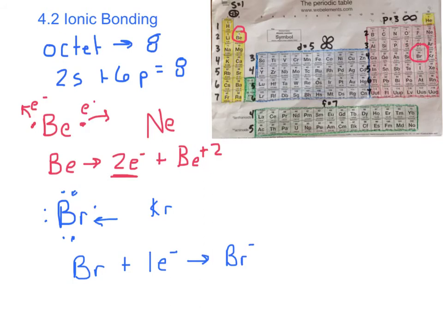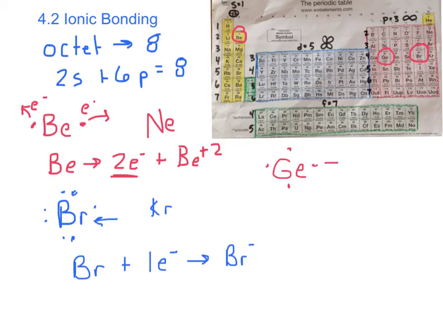Okay, so let's do just one more. Let's do germanium here, Ge. So here's Ge. Ge has 2 in the S and 1 in the P, but it's in carbon's column, which has 4 electrons, and we put them on each side. So here, is it closer to 0 or is it closer to 8? Well, here's the conundrum.